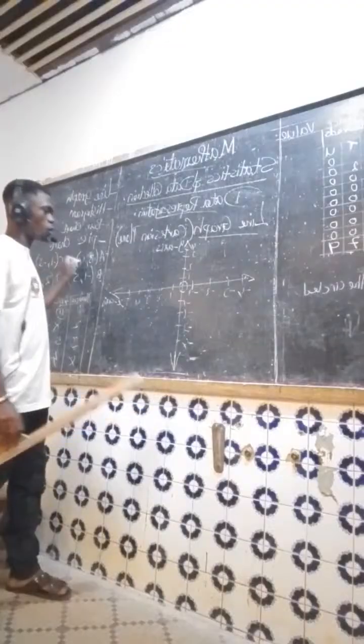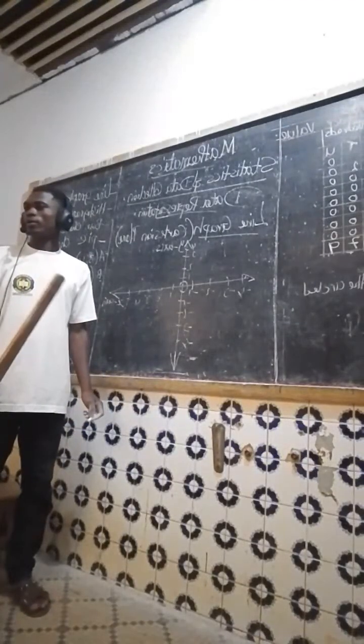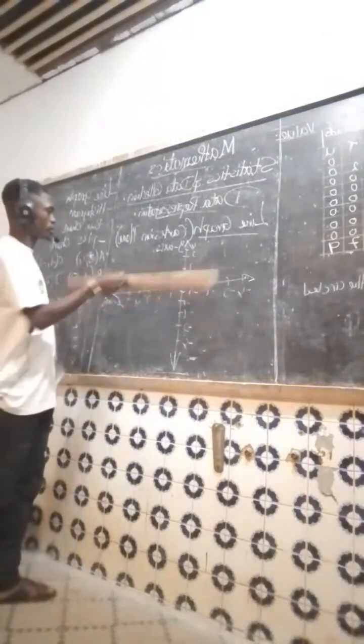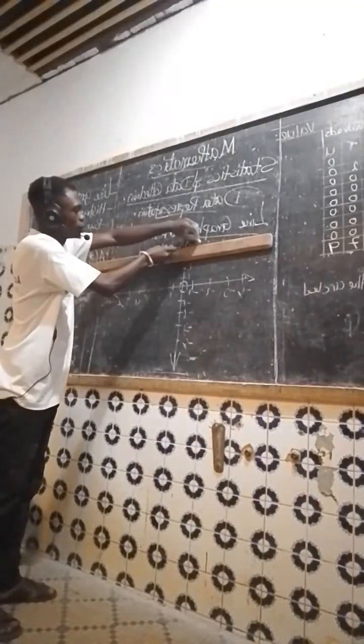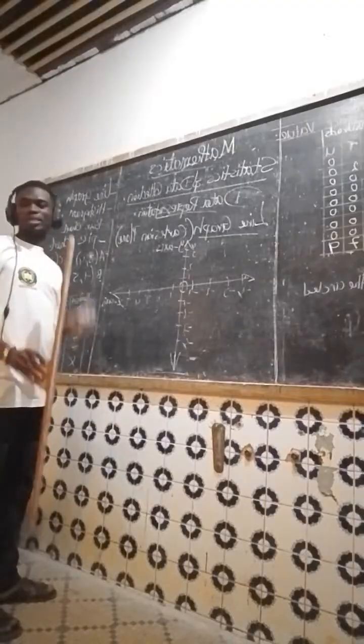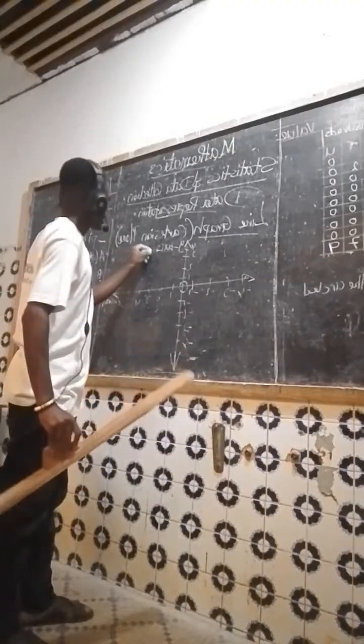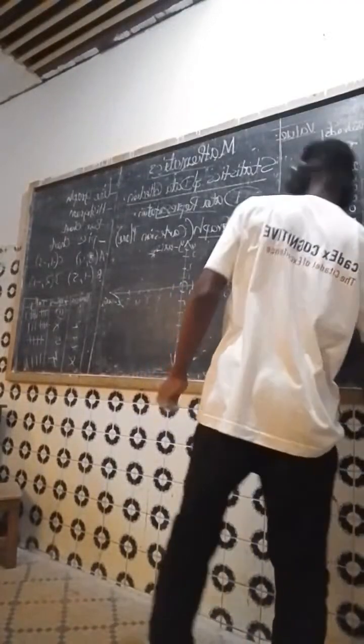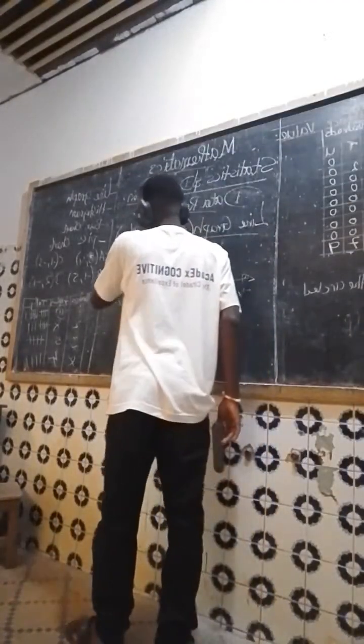Now look for 4 on the y-axis. It is here. You do the same thing. Where your extrapolated lines meet, you put a point there like this. And then what do you put there? A, 3, 4.